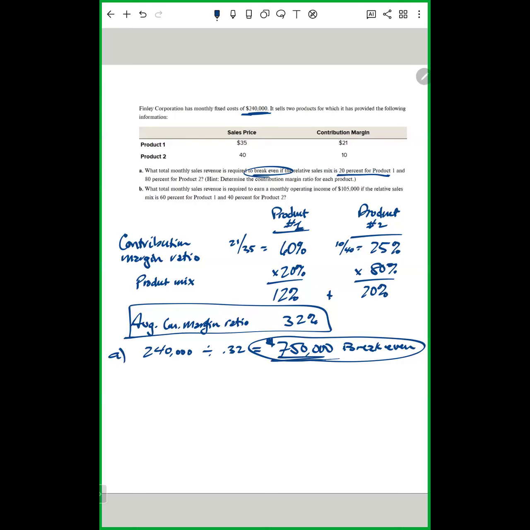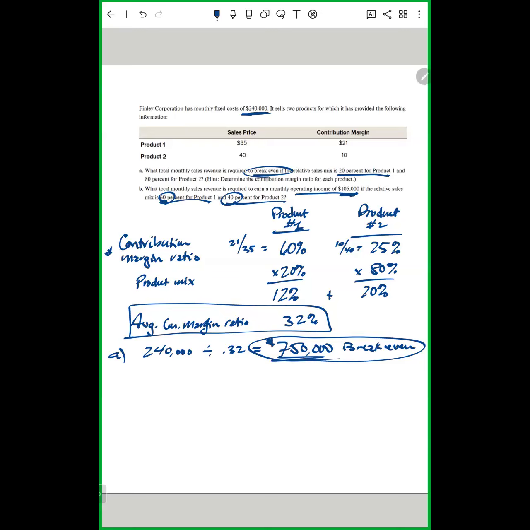So then B says, what if we want to have operating income? So in addition to break even, we want to have an additional 105, and our sales mix has changed. Now 60% is product one and 40% is product two. All right. So our contribution margin ratio stays the same.